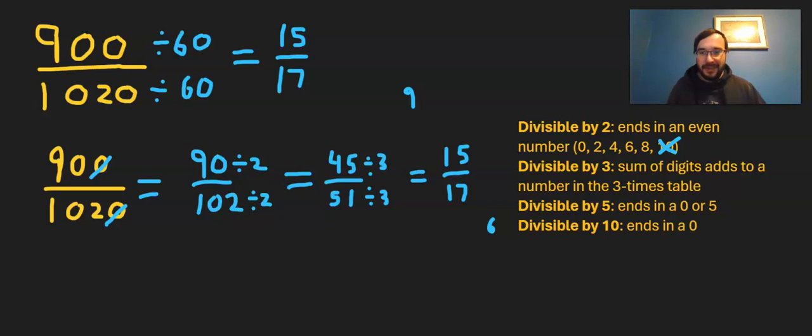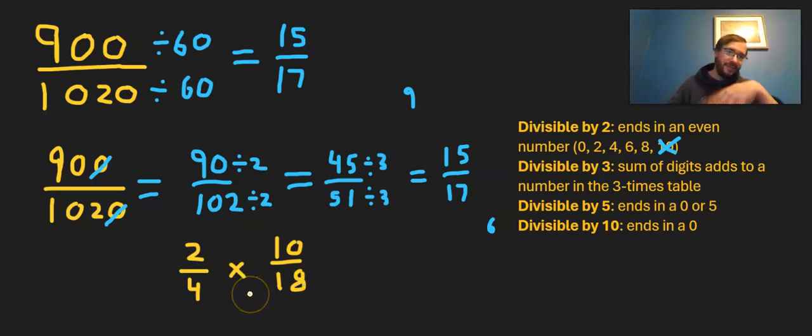One final thing as well. I noticed some of our lessons in my courses have cases where you can simplify along the way. Like if we have 2 over 4 times, I don't know, 10 over 18. You can start canceling out common factors at this step and do all of that before you work it out.